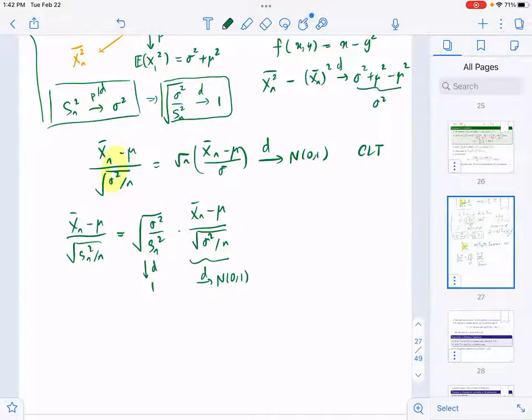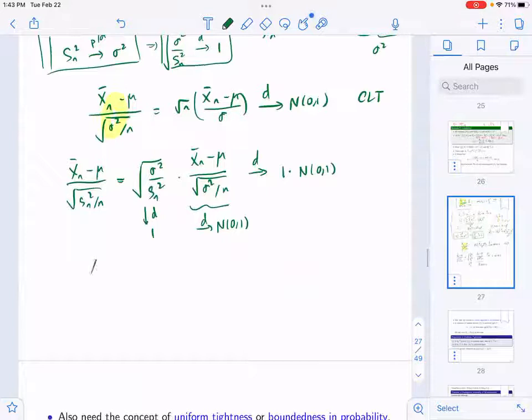So I have a sequence that converges in distribution to 1, and another which converges in distribution to a proper distribution. So the product converges in distribution to 1 times normal 0, 1. That's the Slutsky and the proper usage: one of them converges to a constant, the other to a proper distribution. Let's say zn converges in distribution to 1 and yn converges in distribution to normal 0, 1.